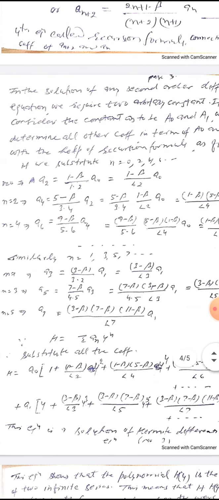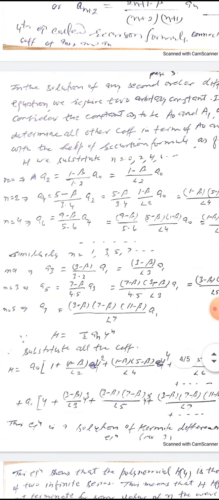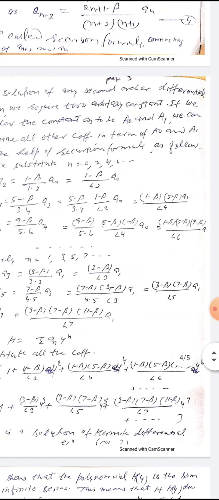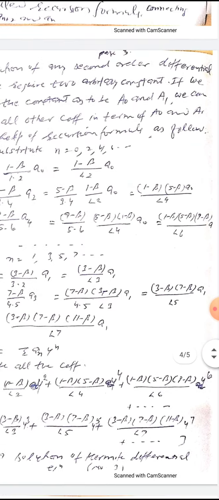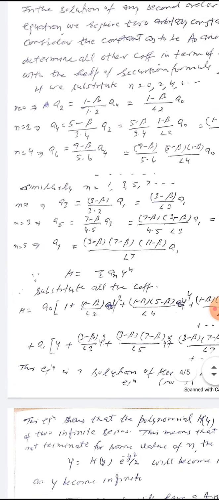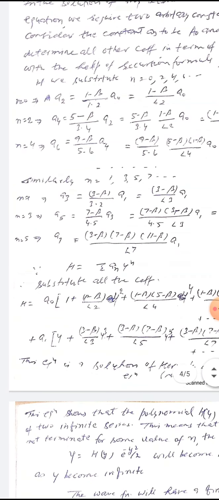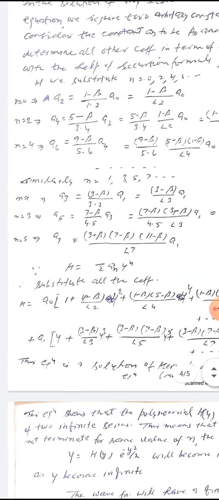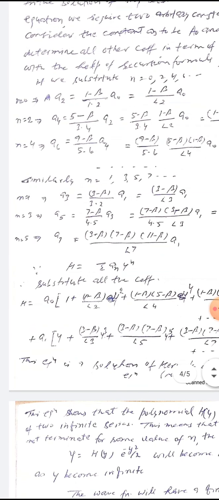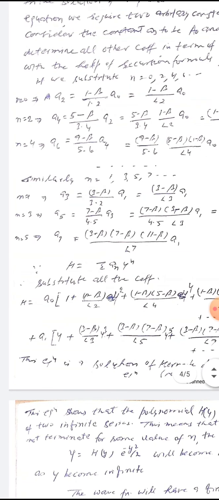In the same way, if we substitute n equals 4, then the value of a6 is also calculated. In a similar way, we can find out the values of a3, a5, a7. For that, we have to substitute n equals 1, 3, 5, 7, and by substitution we get these values of the constants.